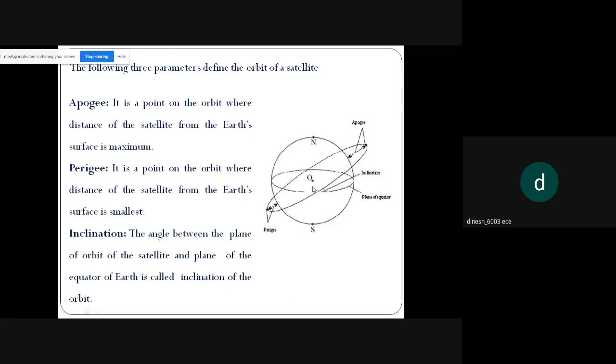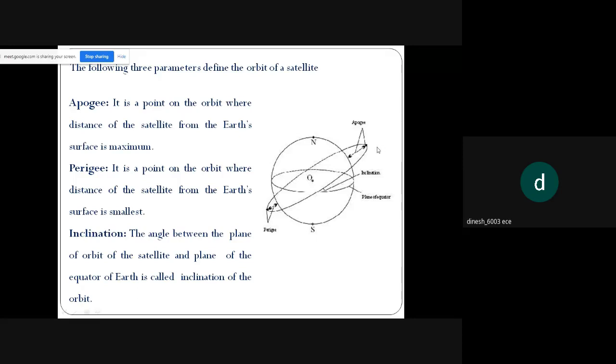In some places, the satellite which is placed in the orbit will revolve near to the Earth's surface, which we call as the perigee point. And in some cases, the satellite will be present far away from the Earth's surface, which we call as apogee.